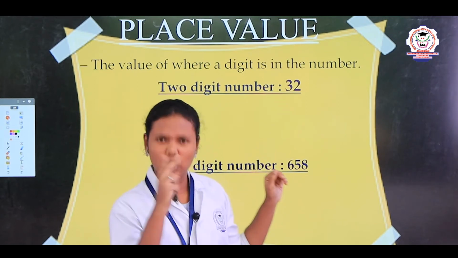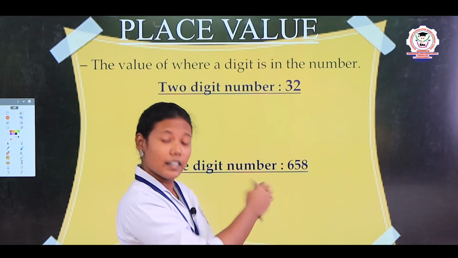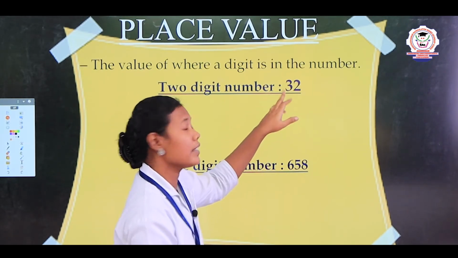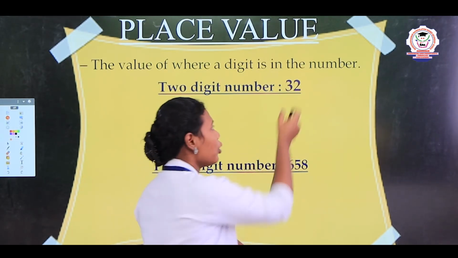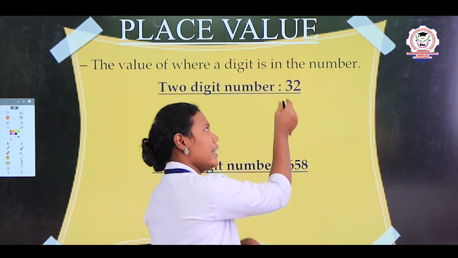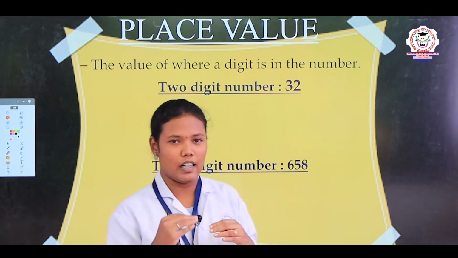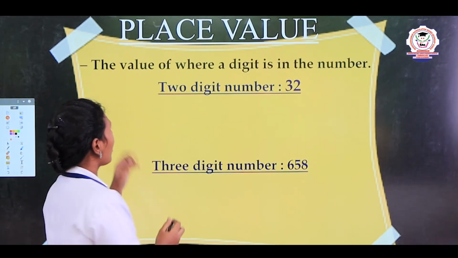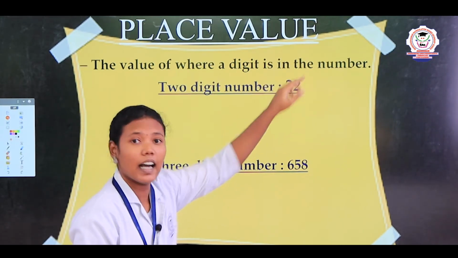It consists of 2 digits, 2 and then 3. There will be a value for each digit, 2 has a value and 3 also has a value. This is called place value. So we take the value of where a digit is in a number.